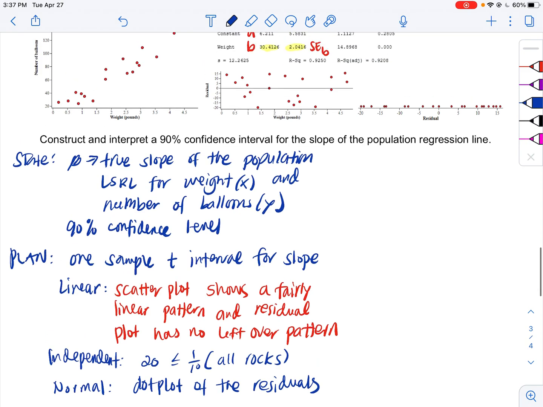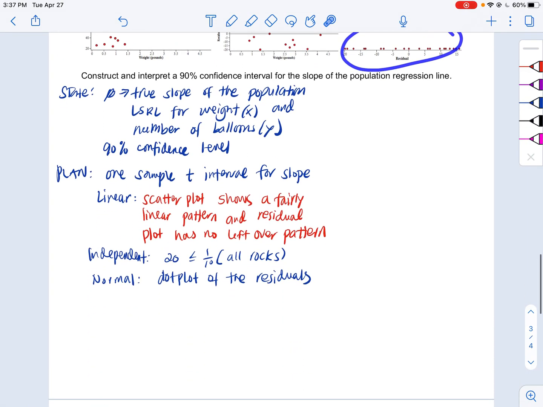It's the third picture, this one. That's where we get the normal one. The dot plot of the residuals shows no strong skew or outliers.